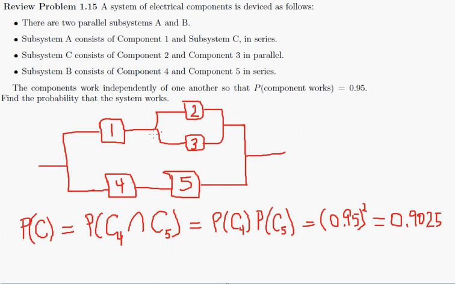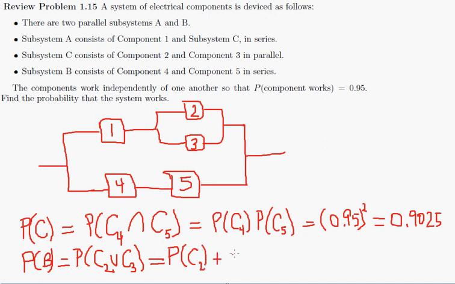Okay, now let's work out subsystem B. Subsystem B works if either one of them works. If component 2 works or component 3 works, then subsystem C will work. So I get the probability of C2 plus the probability of C3 minus the probability that they both work.